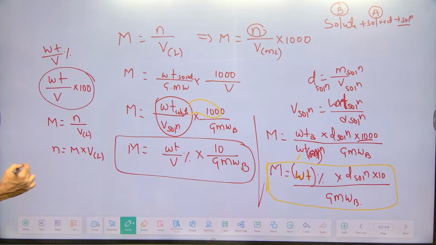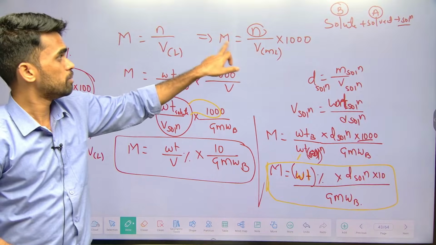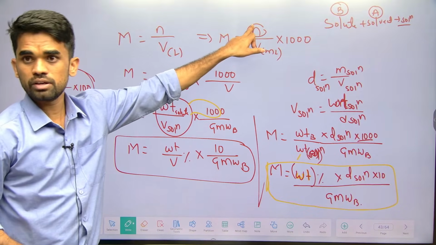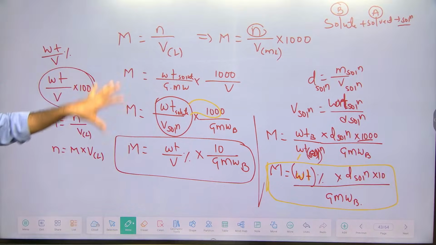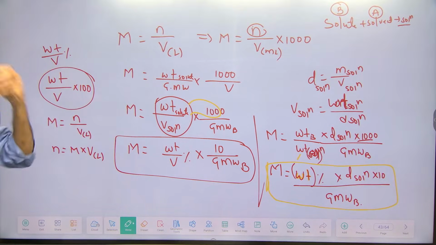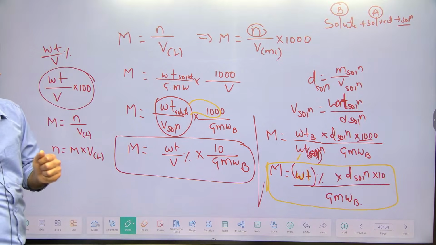If I give volume in ml, divide by 1000. That comes from here: M into V by 1000 is equal to N. We will use that formula later. Just remember all these formulas. Don't learn by heart, try to understand what we discussed. What do we mean by molarity? Tell me first.